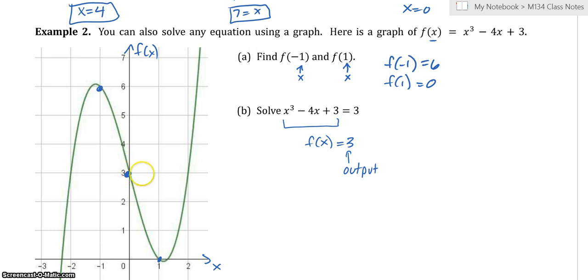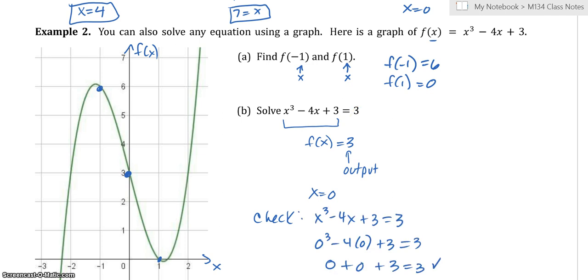There it is right there. And you can see that the x is 0. And it does make sense if you do a check. 0 plus 0 plus 3 does equal 3. If you don't see that, I did that here. I rewrote the equation, and then I plugged in zeros and realized that these two are just zeros.